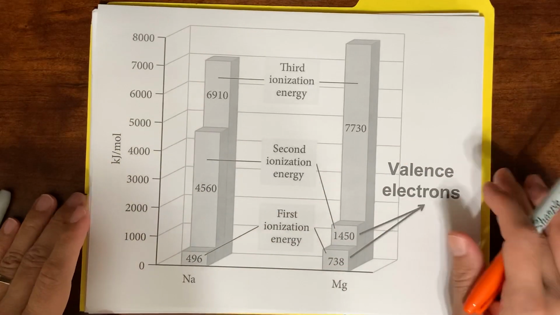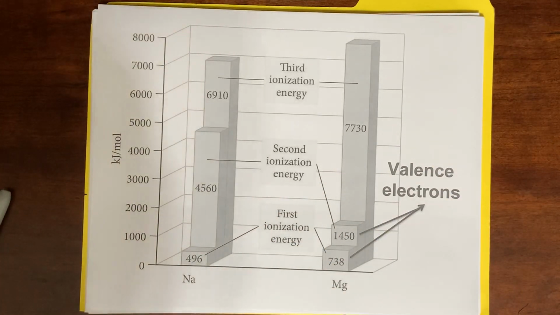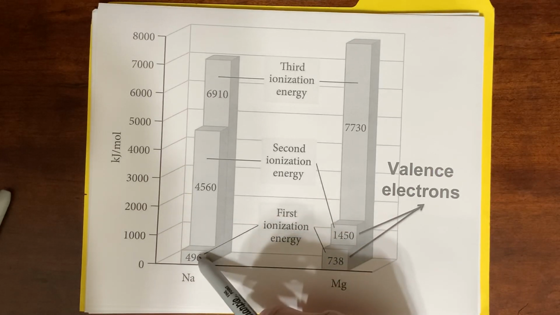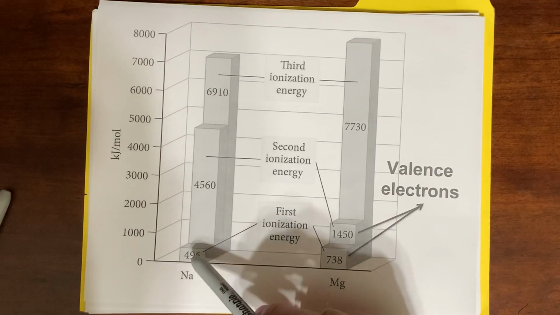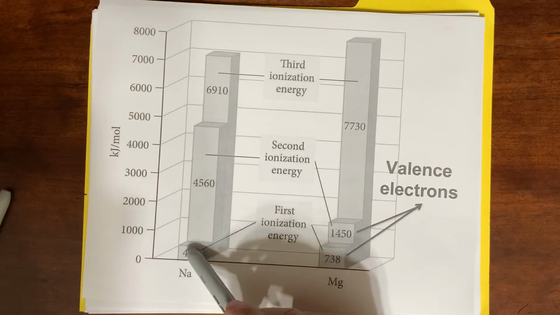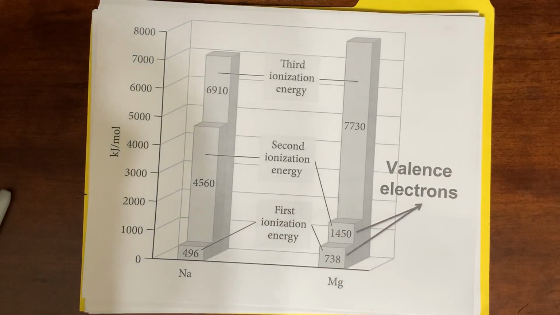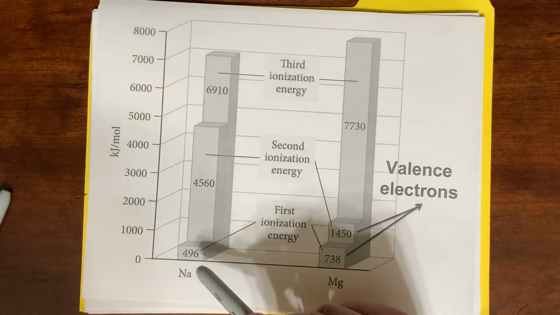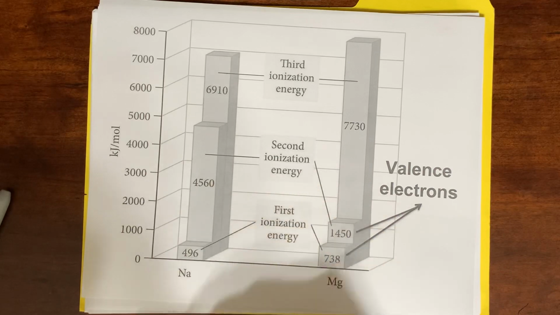Look at this bar. I see the first ionization energy for sodium is 500 kilojoules. The second one is 10 times of it. So I'm going to say there's a huge jump by switching from the first to the second ionization energy.